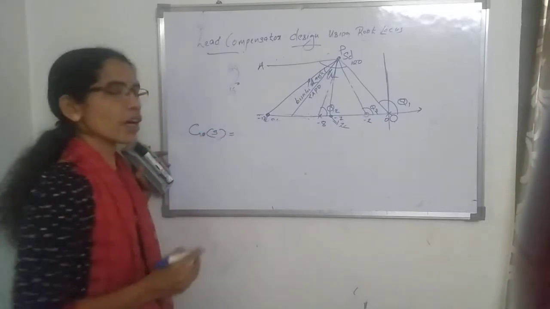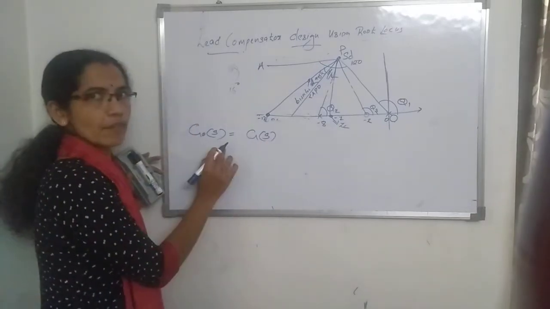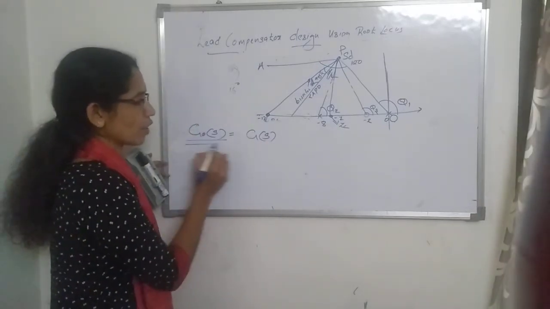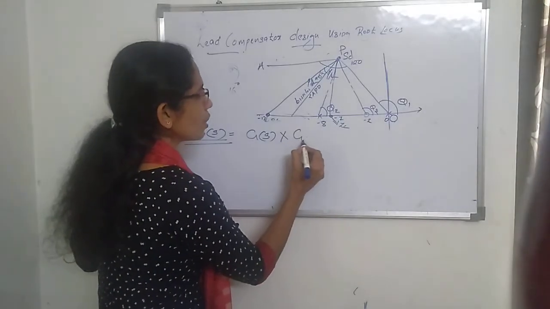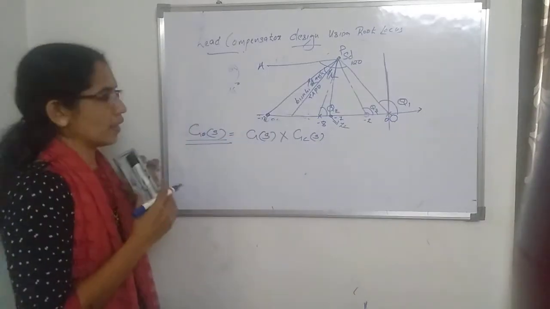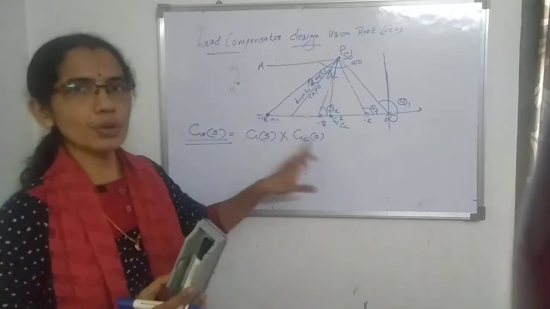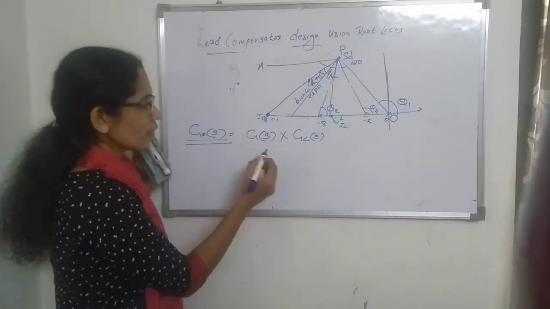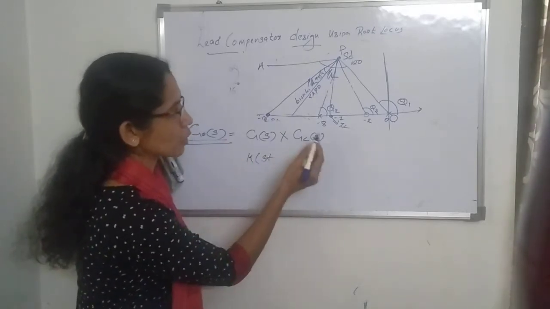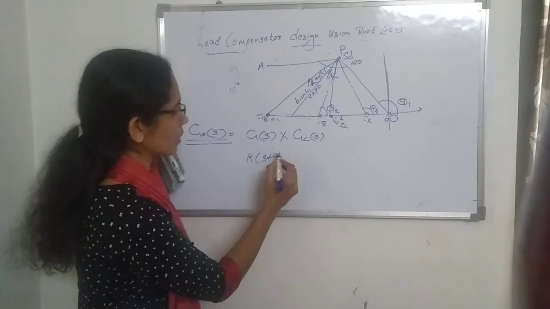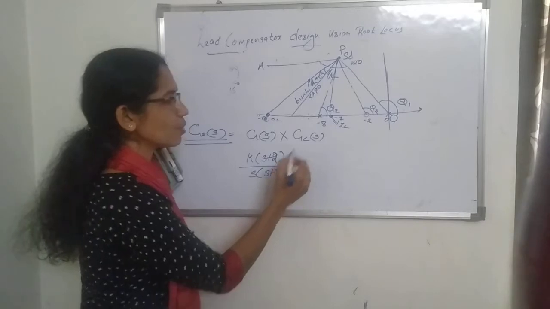The open loop transfer function of the compensated system, G naught of S, equals G of S into GC of S. We have considered G of S equal to K into S plus 9 divided by S into S plus 2 into S plus 8, multiplied by GC of S.